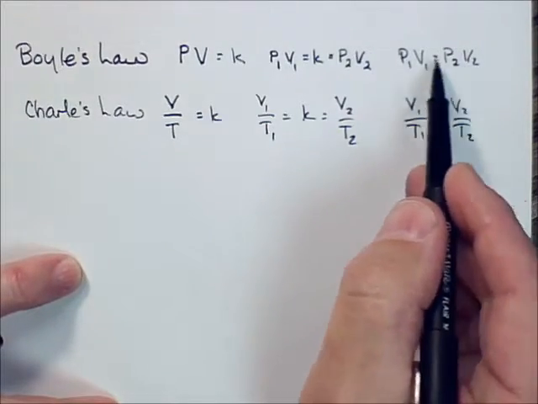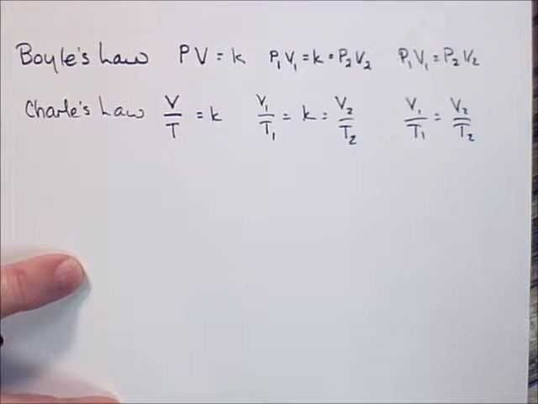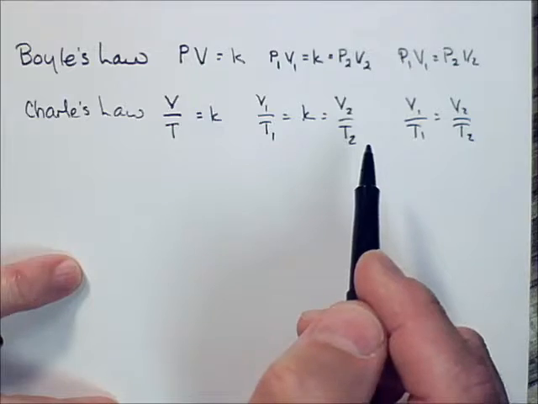Now, when we have these four variables like this, if we know three of them, we can find the fourth one. That's something you should already know from math. And that's the same for either one of these two equations.